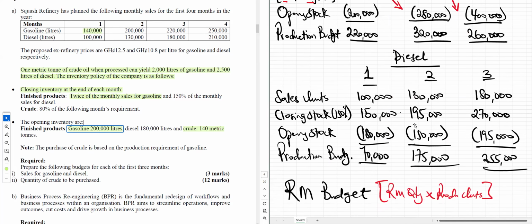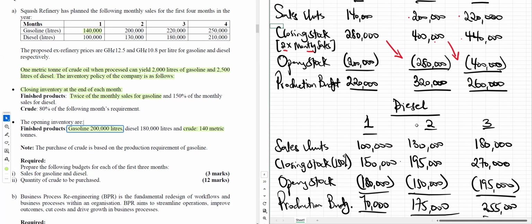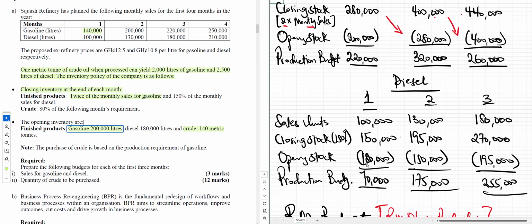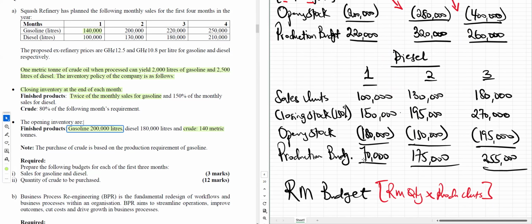Professor, please go back a bit. Go from the 180, the closing stock and the opening stock for diesel. Closing stock.